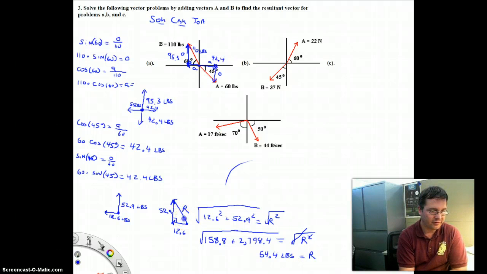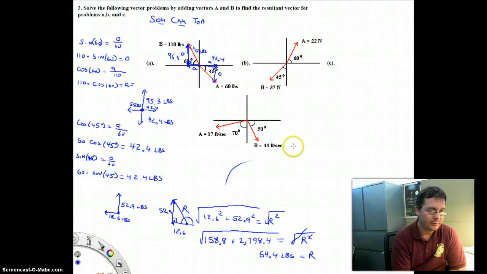Now the final question is, okay, at what angle? Well, because this 12.6 pound vector represents the x-axis, basically we are looking for the supplement to the angle given here. We're looking for this piece of it, right? So first let's find this included angle, and then we'll subtract the included angle from 180, which will give us the direction of vector r.